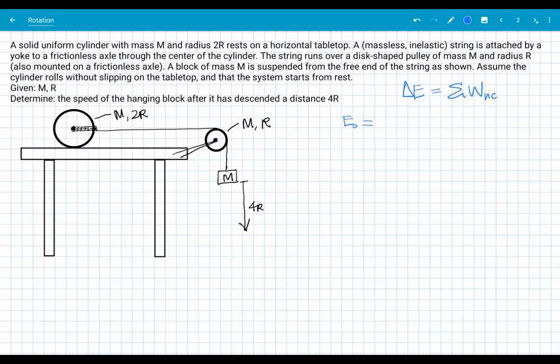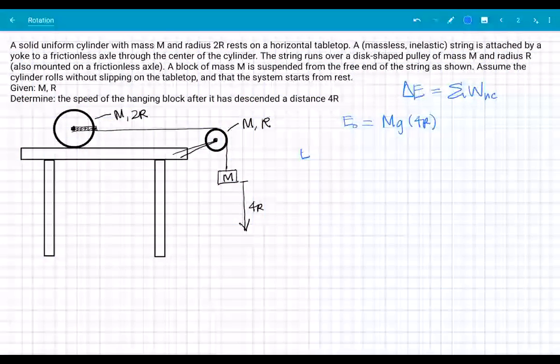However, the hanging block is at its highest elevation initially, so we do have gravitational potential energy for the hanging block. I can express that as mg times the distance 4R, which is the elevation it will travel through as it moves downward. So initially, all my energy is in the form of gravitational potential.